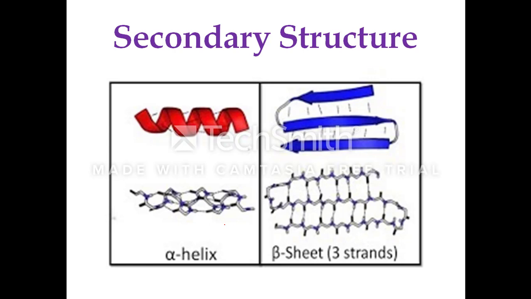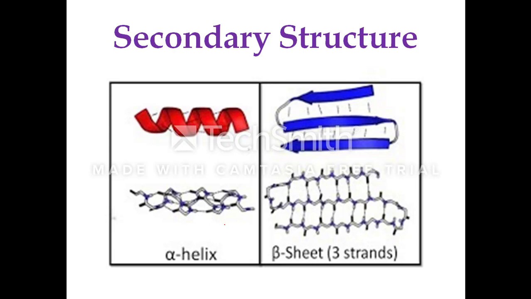This forms the secondary structure of the proteins. This secondary structure refers to the steric or spatial relationship of amino acids that are near to each other in the amino acid sequence, in the string of amino acids.